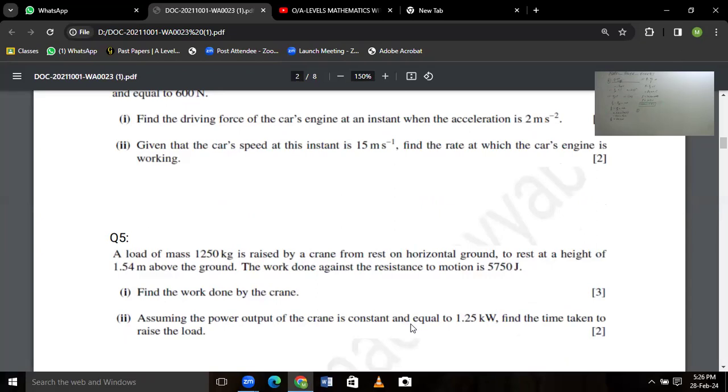The work done against the resistance to the motion is 5750 joules. Part 1: Find the work done by the crane. Part 2: Assuming that the power output of the crane is constant and equal to 1.25 kilowatt, find the time taken to raise the load.